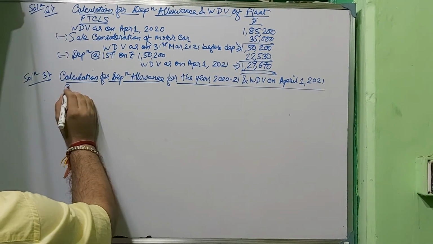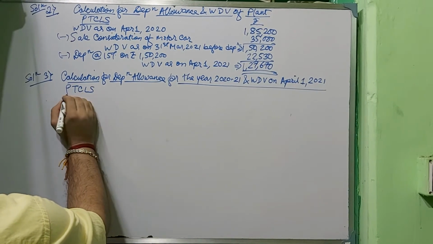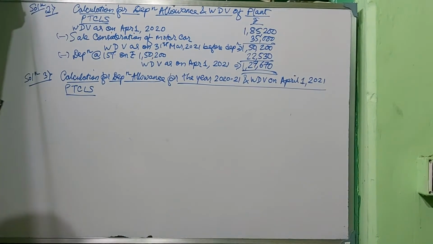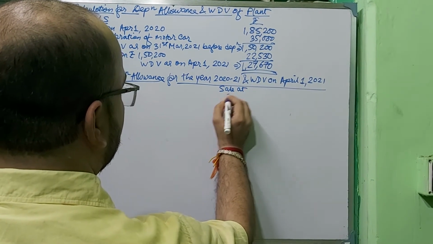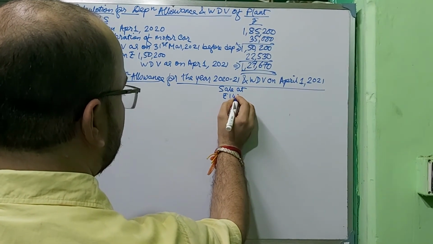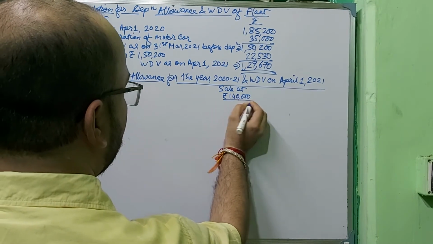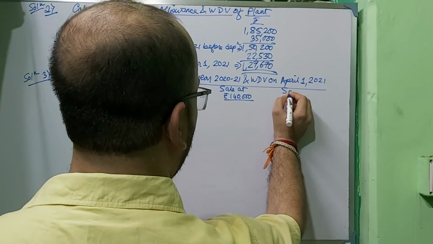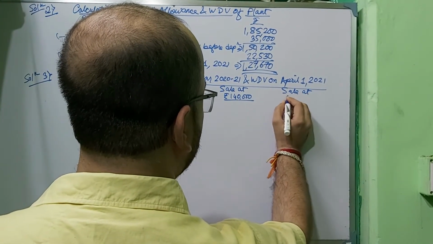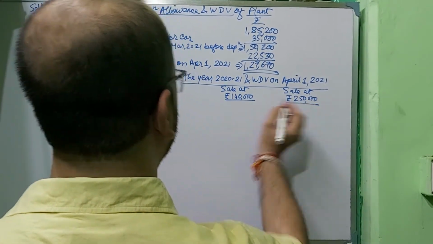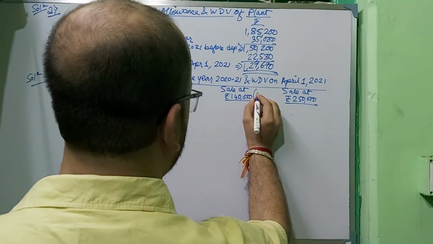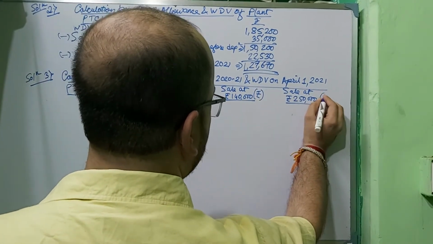So one will be the particulars column, and the first one will be sales at rupees 1,40,000 column and sale at rupees 2,50,000 column. Okay, so both are the rupees column.